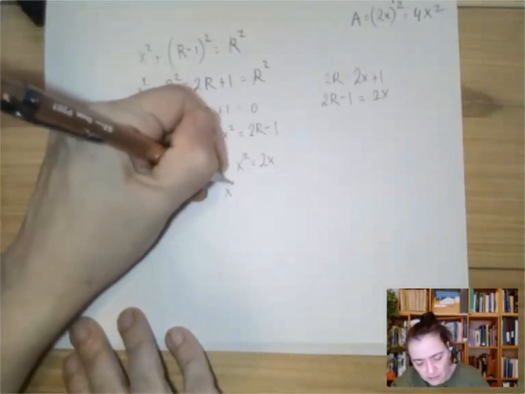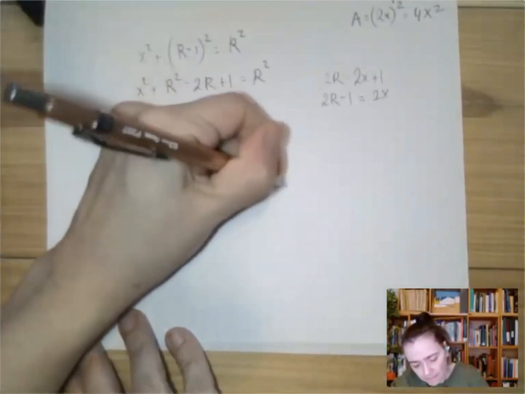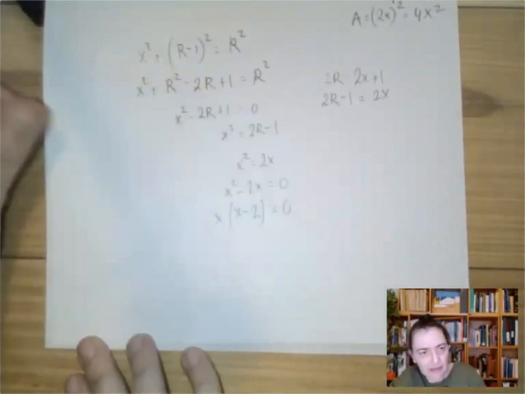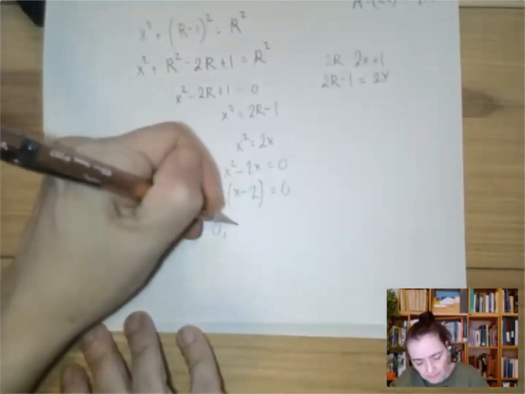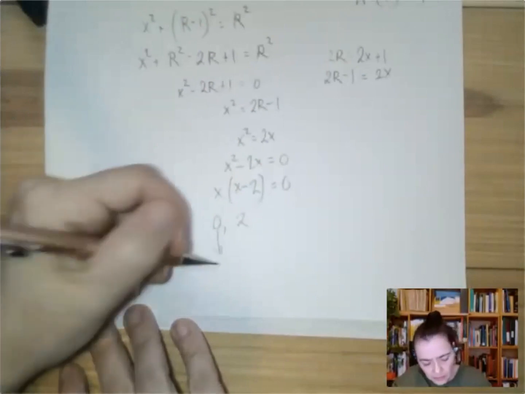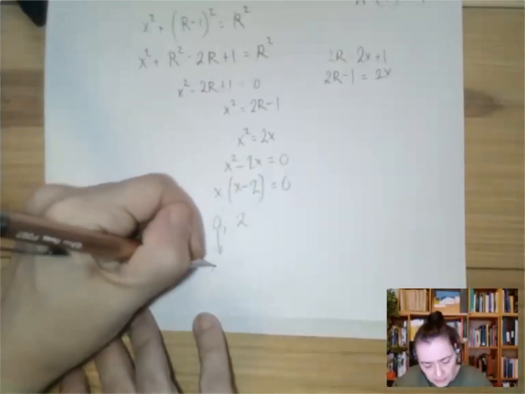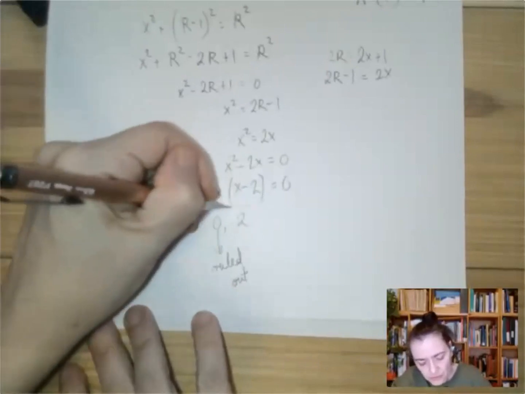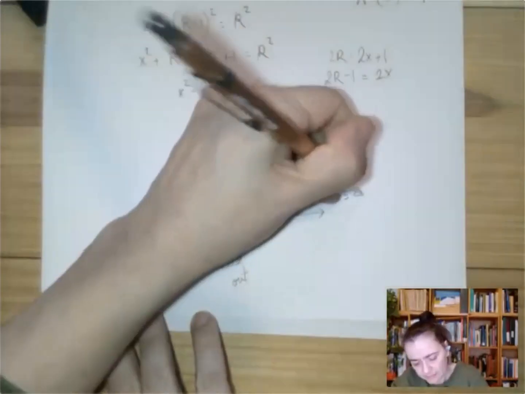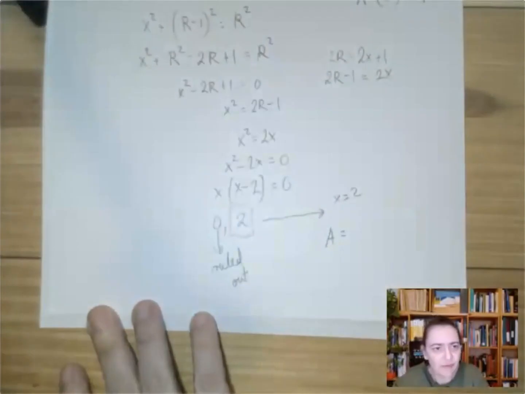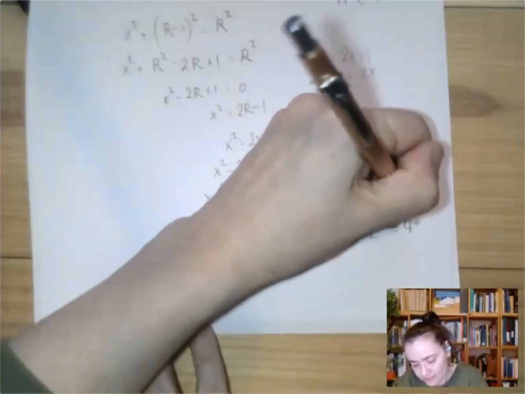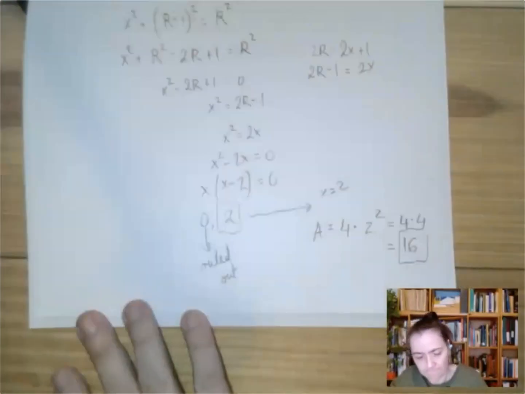So we're going to reduce one side to 0, factor, and apply the zero product rule. The two solutions are 0 and 2, and 0 can be ruled out because x should be a positive number. So this is x, and therefore the area, which remember wasn't x squared, it was 4x squared, is 4 times 2 squared, is 4 times 4, is 16.